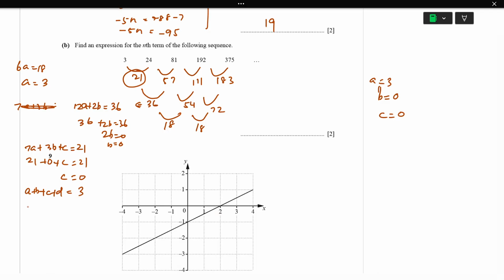So here a equal to 3, the rest all are 0, 0 plus d equal to 3, so d also 0. So only a has a value. The cubic polynomial is a n cube plus b n square plus c n plus d, so here b, c, d are all 0, only a has the value. So 3n cube. That's the answer here.